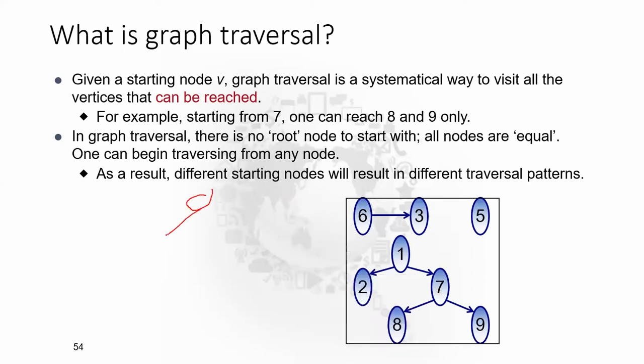Let's say this is a binary tree that we showed just now. It has the root over here, where it always starts from the root. For a graph, no. You can start from any node and treat it as the root. So all nodes are equal. You can go from any node and it can travel in different patterns.